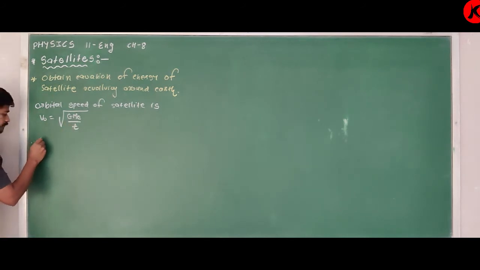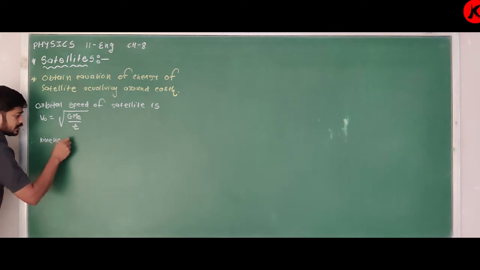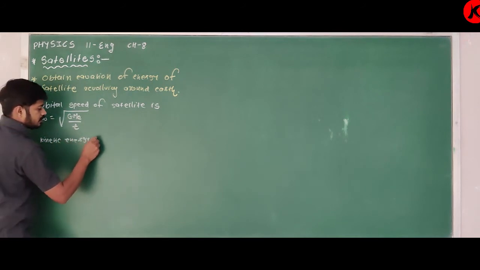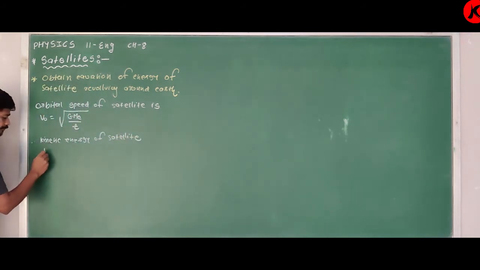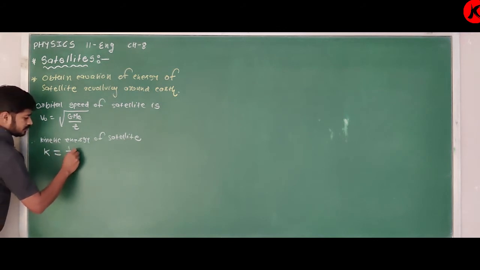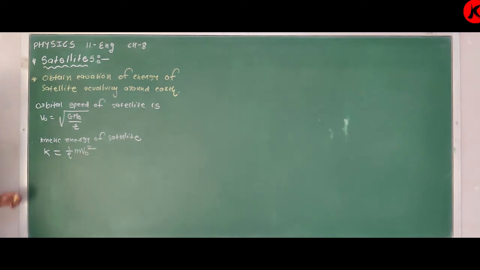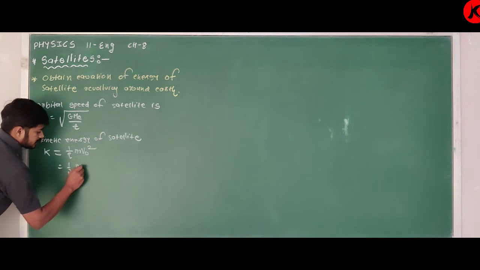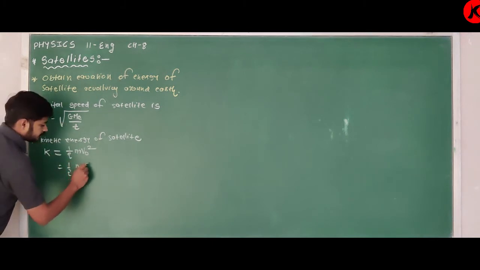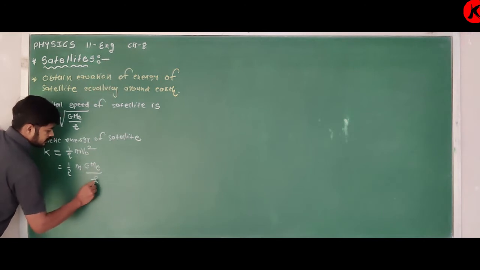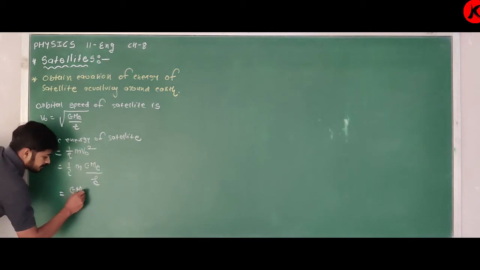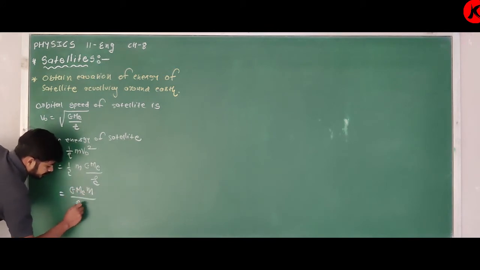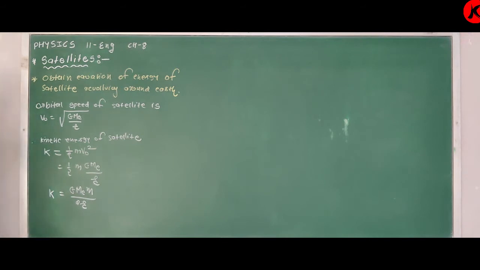Therefore kinetic energy of satellite K is equal to half m v square. So it is half m times v square, which is G Me upon r. If you rearrange this equation, you can write it as G Me m upon 2r. It is the equation of kinetic energy.